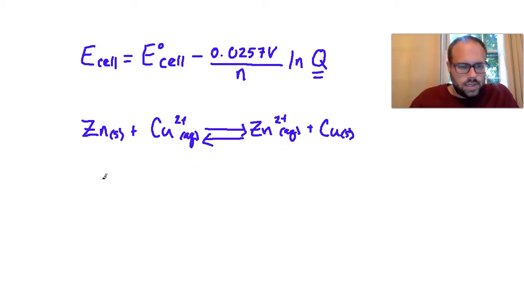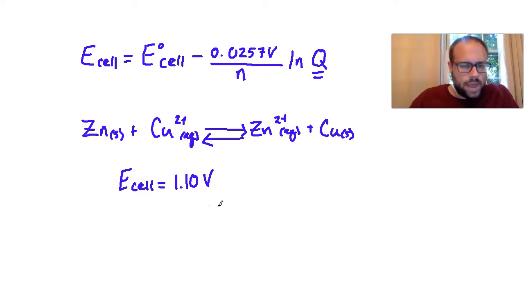So the way that I could set this up is that I could say that Ecell is going to equal. Now, if you remember, when we originally calculated the Ecell for the zinc copper example, we found that the Ecell at standard was 1.10 volts.